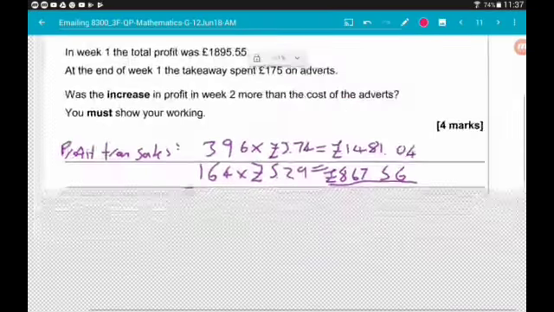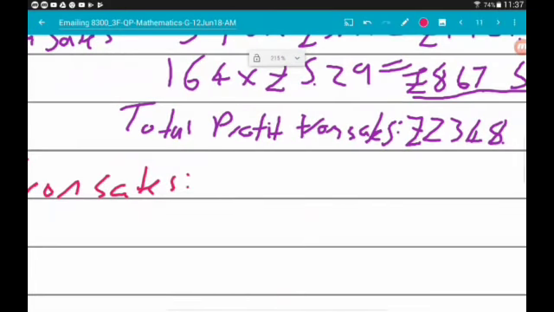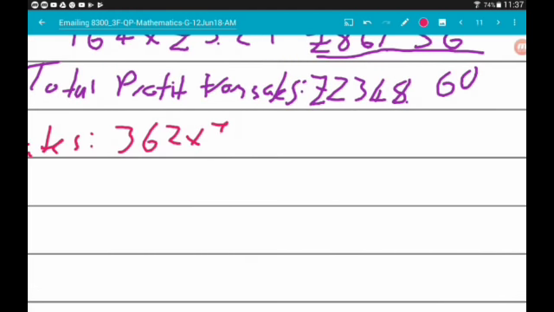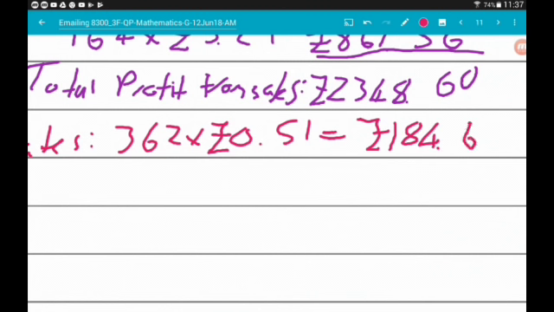So that loss is 362 times 0.51 pounds. Now that is going to give us £184.62p.